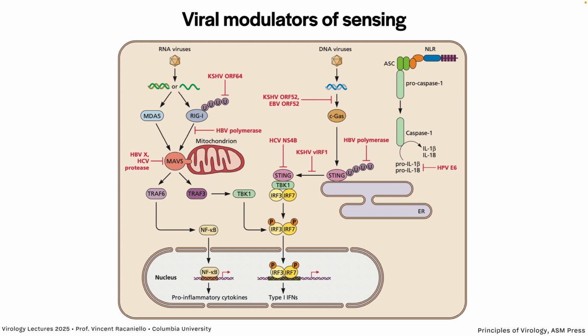And then a hep C protein is blocking this STING complex, which results in phosphorylation of transcription factors and turning on type 1 interferon. So you get the idea that viral proteins have to interfere at multiple steps in sensing. Otherwise, interferon is going to be turned on and they're not going to do very well.